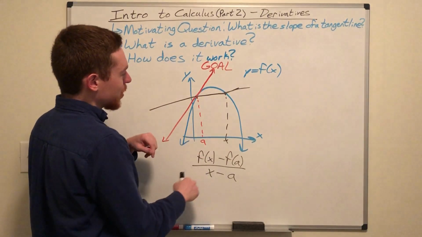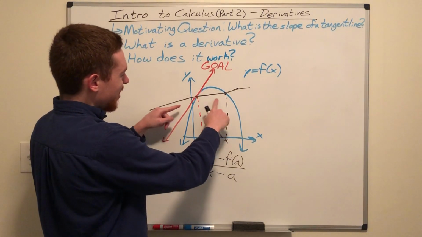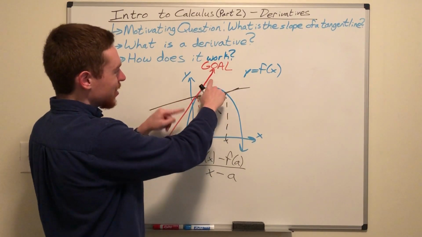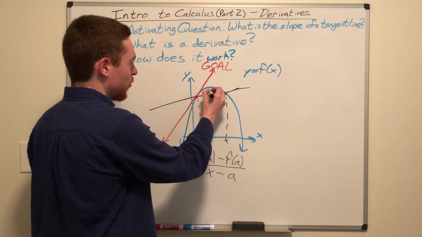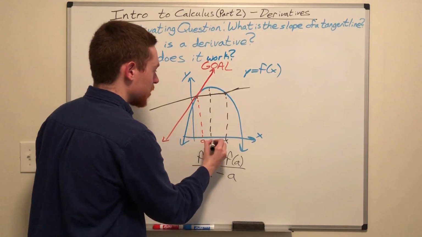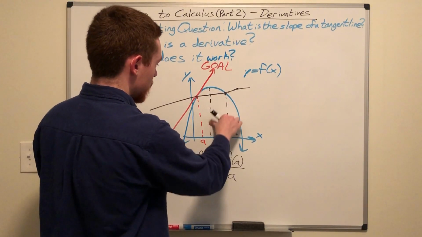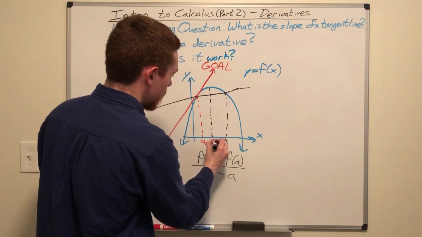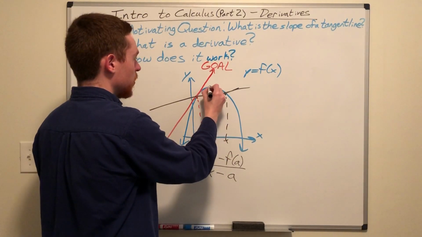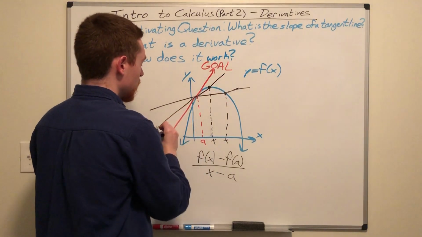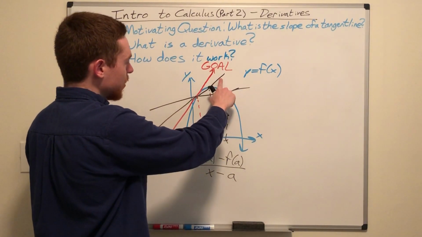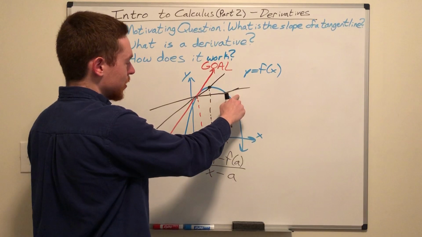But looking at this picture, that secant line's not that close to our goal. It's pretty far away from it. So what happens if we move x closer? There we go. If we move x closer, we'll notice all of a sudden this line is a lot closer to our goal than this line.